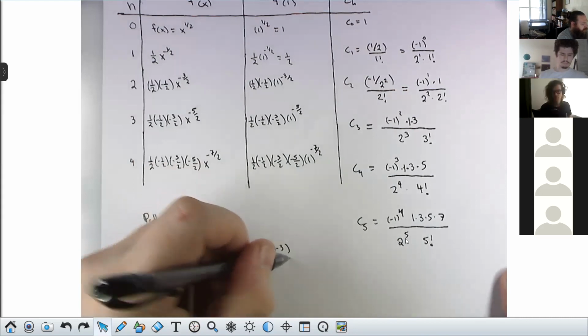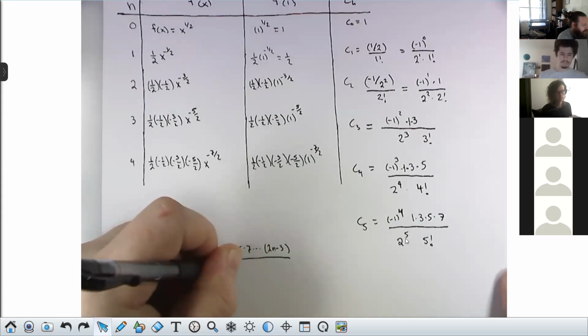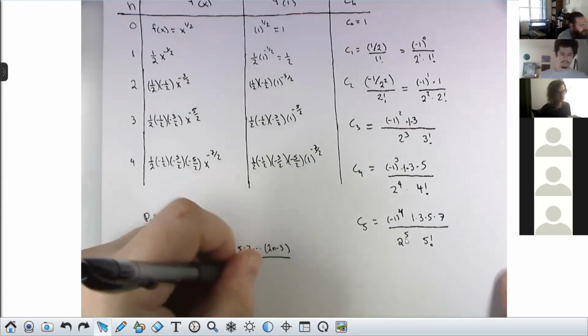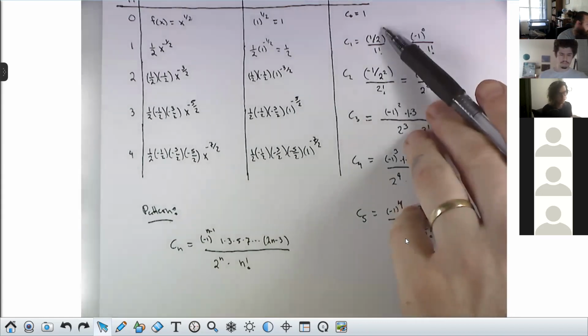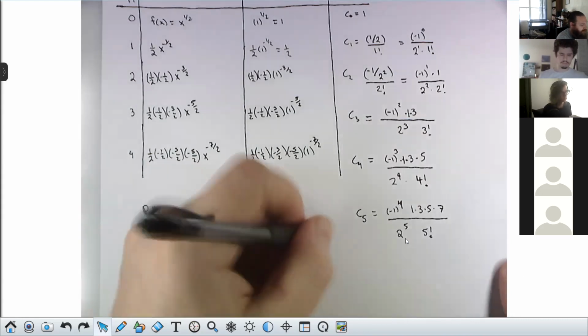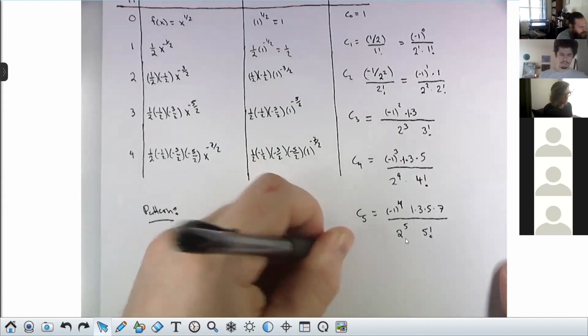And then downstairs, 2 to the n times n factorial. That's it. There's one teensy weensy little catch, and that's that it doesn't work if you plug in 0. So this is for n greater than or equal to 1.